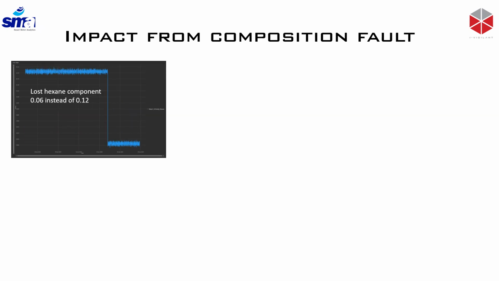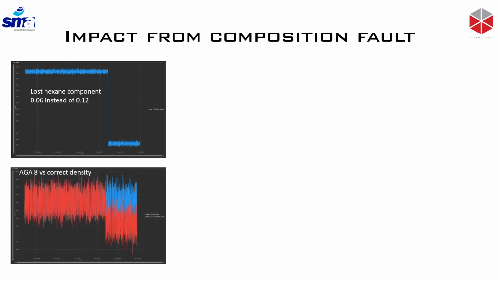Okay, now the third case is what is the impact from the composition fault? So what we have here is a hexane component that normally sits at 0.12%. In the simulation that I did, I basically made the hexane component read 0.06% instead of 0.12%.